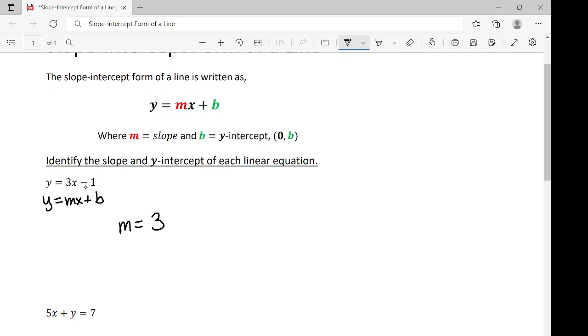And then the number all by itself is -1, so b equals -1. So the y-intercept would be written as (0, -1). And that is how you would read the slope-intercept form of a line, finding the slope and the y-intercept. Just make sure it is set equal to y.